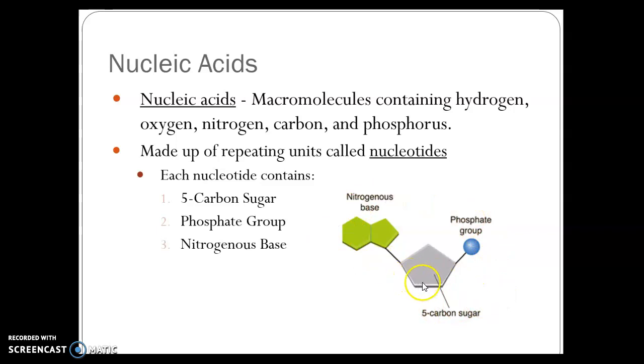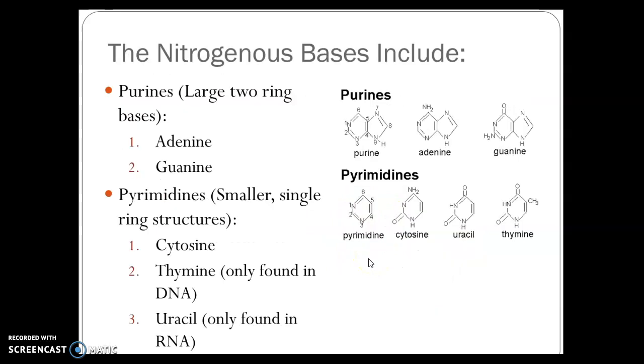It has a 5-carbon sugar right here, and that can be ribose or it can be deoxyribose, and those are sugars. So each corner here has a carbon bond there, and then it has a phosphate group, which you can see out here, and it has a nitrogenous base, which is off the side over here. So that's what creates that formation to make a nucleic acid.